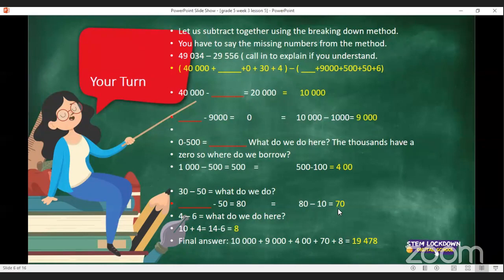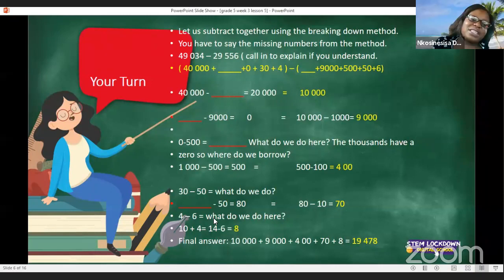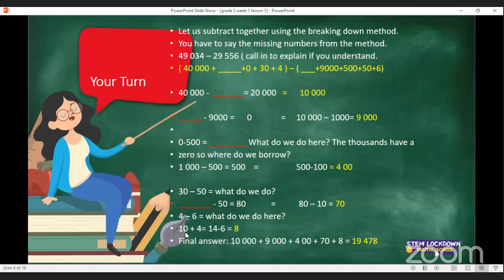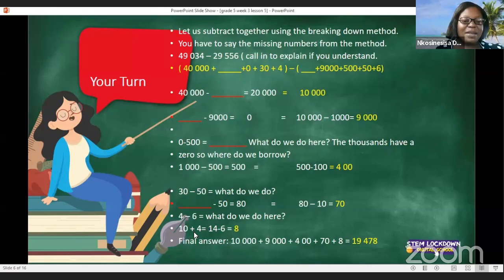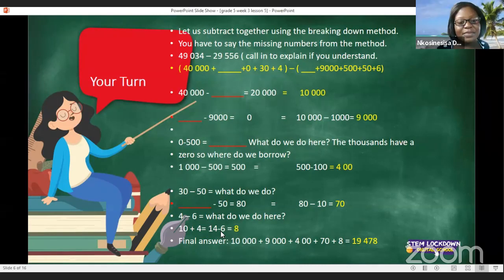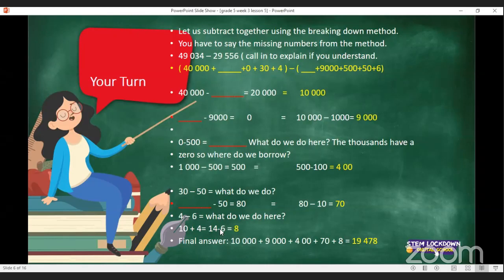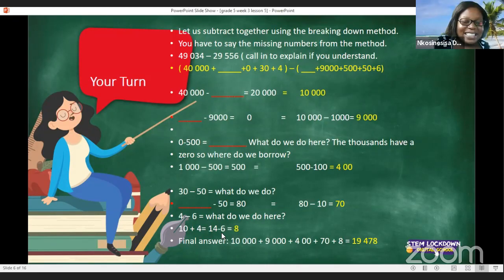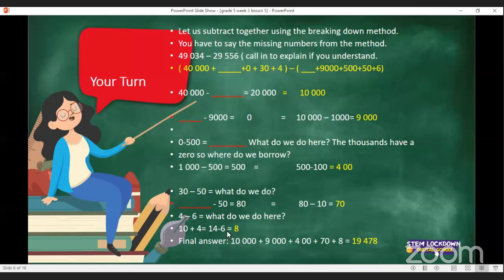70. 70. And then where do you put the 10 that we borrowed? In front of the 4. So that we say 10 plus 4 to get how much? 14. Well done. And then 14 minus 6 gives us? 13. 14 minus 6? Oh, it gives us 8.